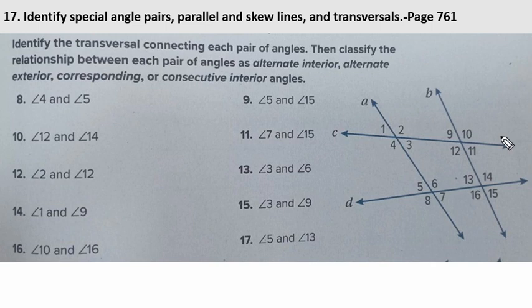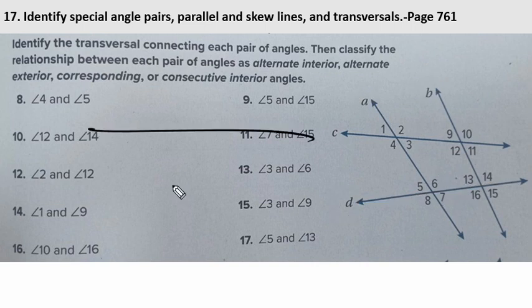Understood? Right. Now, if I say D is the transversal on A and B, then what will be the consecutive interior angles? Right? So, I hope you understood the logic behind this.